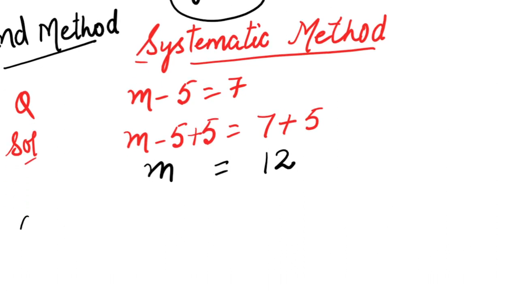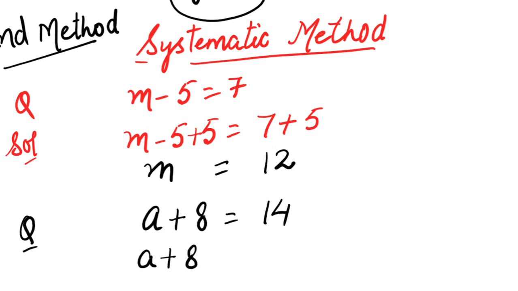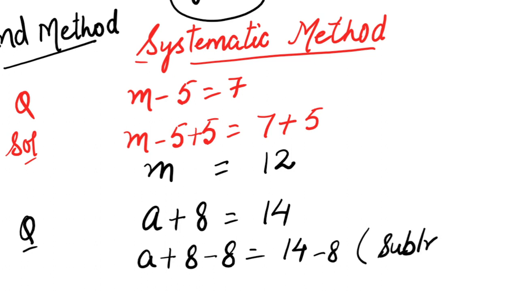So let's try one more sum. Suppose a plus 8 is equal to 14. Now we want to subtract, because we want to remove 8 from here, and I want only the variable a on this side. So I will subtract 8 from the left hand side. But the rule says that we will subtract the same number from both sides. So I will subtract 8 from both sides.